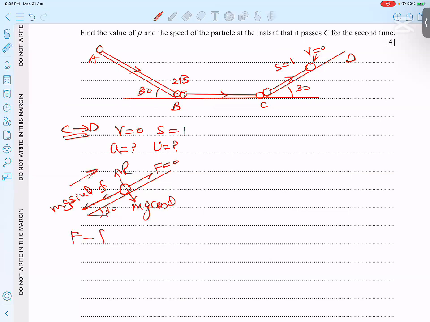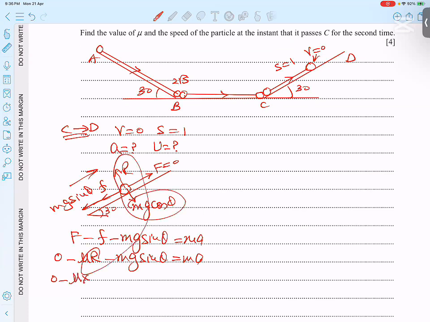Capital F minus small f minus mg sine theta equals ma. F is 0, f is mu R, and mg sine theta equals ma. Mu is unknown, but R is mg cos theta. So I plug in the value: minus mu mg cos 30 minus mg sine 30 equals mass times acceleration.